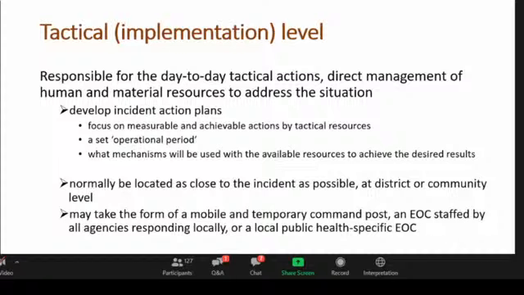This level should be located as close as possible to the incident, maybe at the district or community level. It may take the form of a mobile or temporary command post, or an EOC staffed by all agencies, from the supporting agencies and the coordinating agencies, who can come together here.